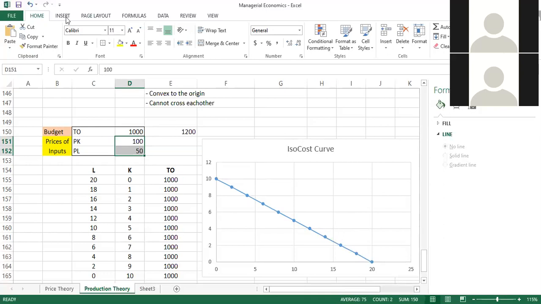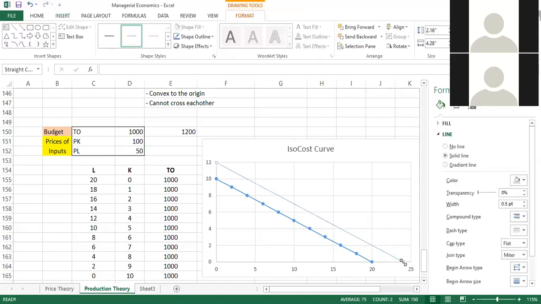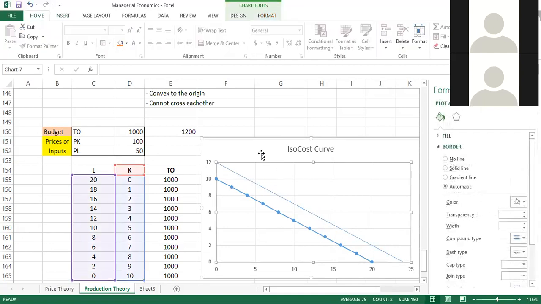There will be an outward shift of the iso cost curve. They can buy more inputs now.